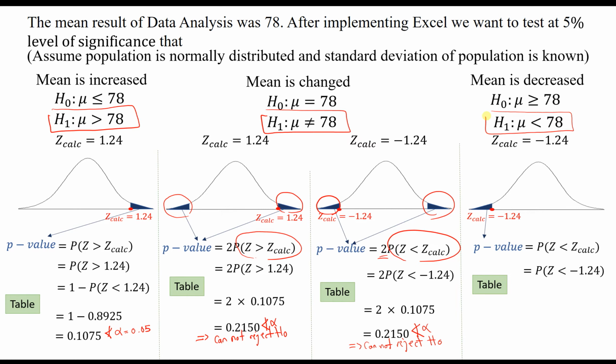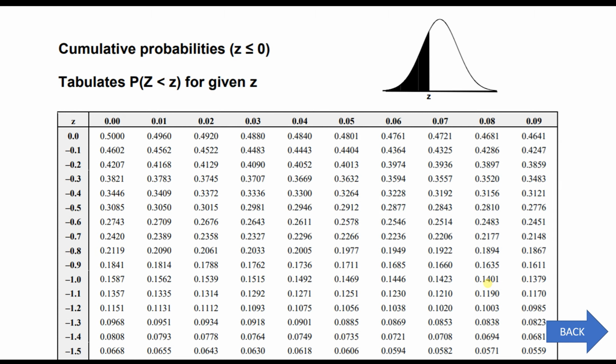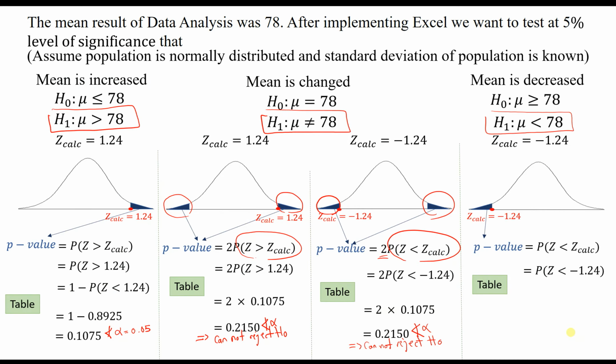So we use the table again to find this probability, which is negative 1.2 here, then 0.04 here, so that probability is 0.1075. So the p-value is 0.1075. Now, in order to make a decision, we compare it with alpha.